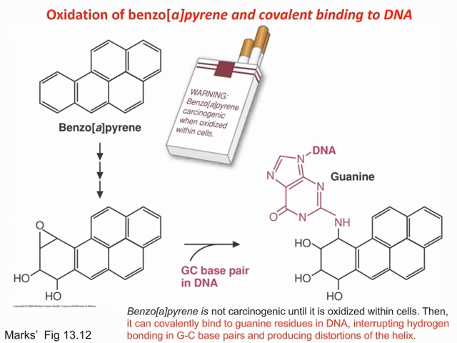It covalently binds to guanine, and that will interrupt hydrogen bonding because it distorts the helix. So a smoker is going to oxidize their benzo-a-pyrene inside their cells. The benzo-a-pyrene will covalently bond to guanine, therefore messing up the hydrogen bonding between guanine and cytosine. So this distorts the helix, causing a mutation.